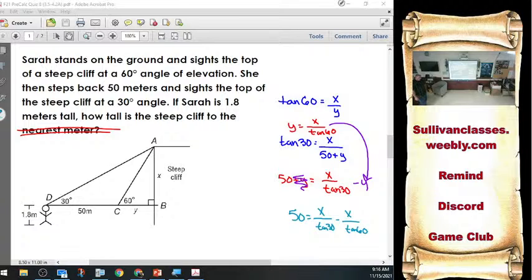We ran into this before, and whenever kids get here, we're like, well, can I just, like, x minus x is 0 and no solution?